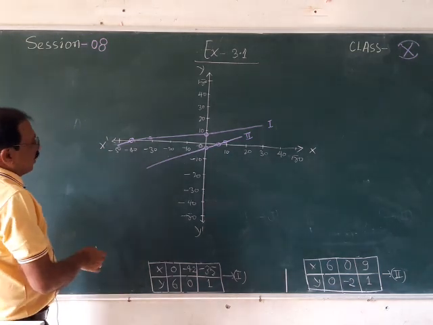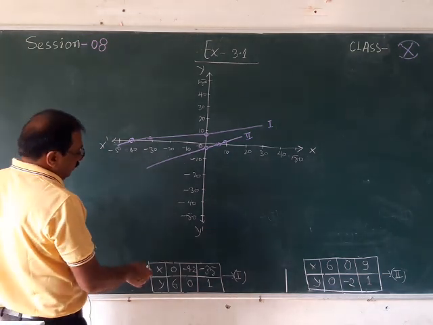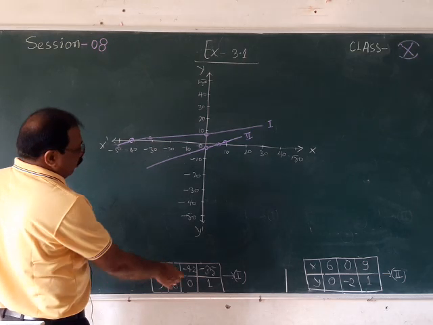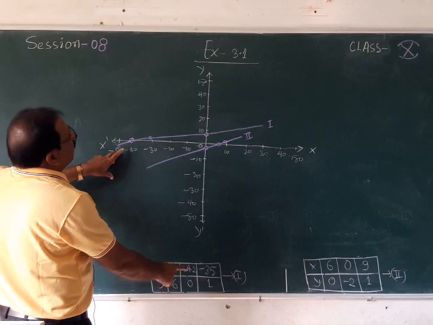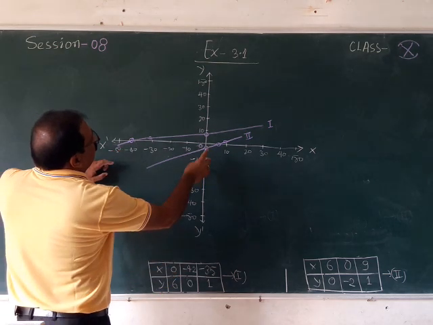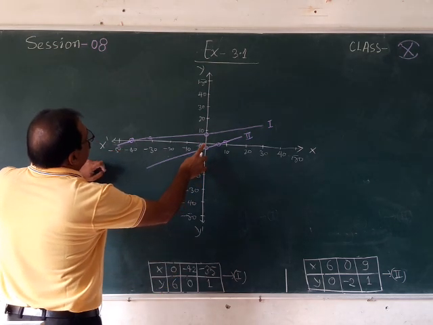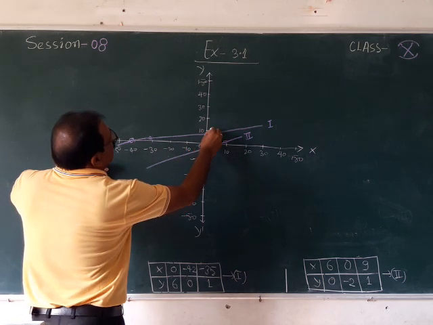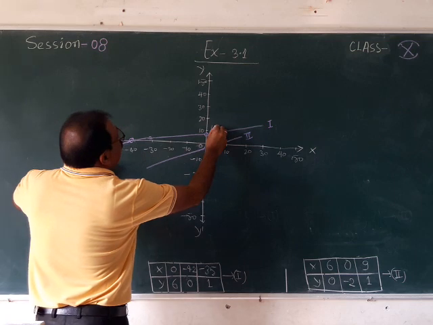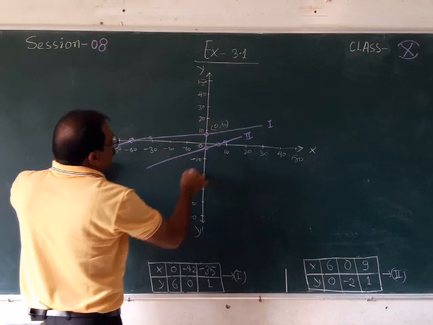After plotting the graph, you need to write the points. First is 0 and 6 for the first equation, x is 0 and y is 6. So the first point, suppose this is 0 and 6, you have to write the coordinates.